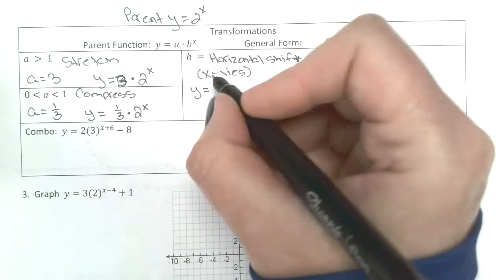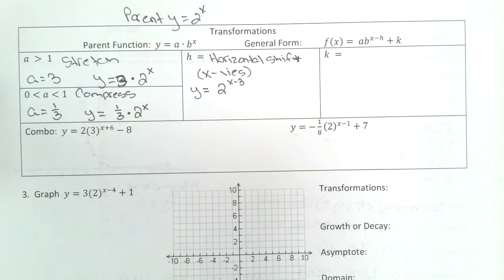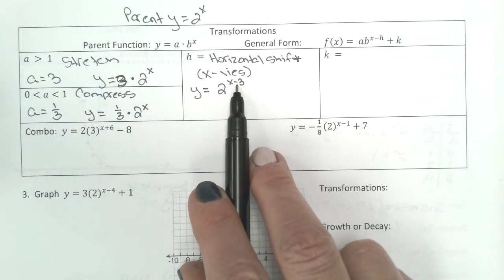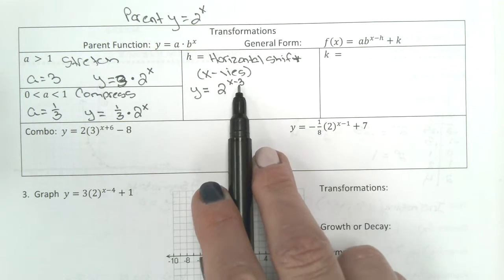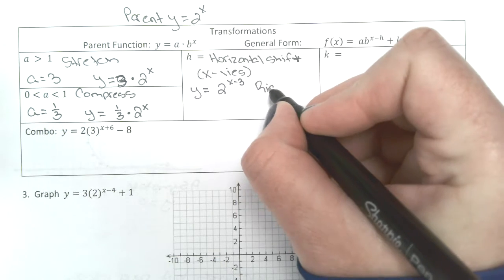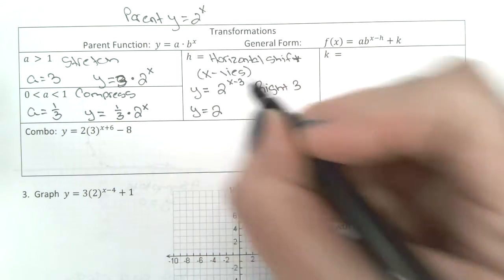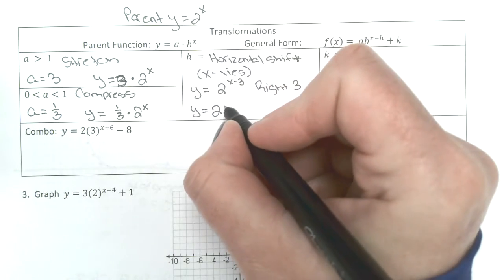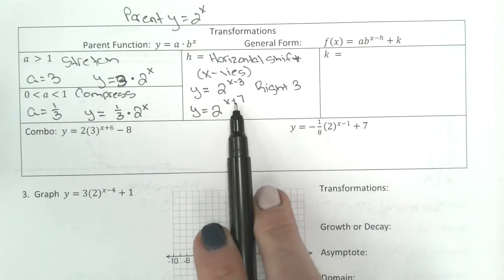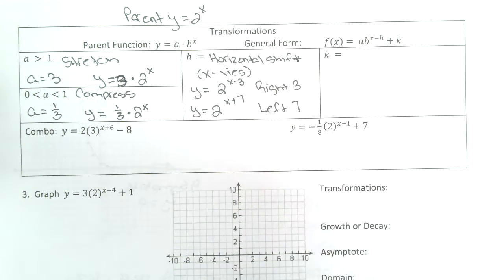If you have y equals 2 to the x minus 3, so remember, if it's hanging out with the x, it moves it left and right, and your x lies to you, this is actually going to go right 3. If you have y equals 2 to the x plus 7, your x lies to you, this actually moves left 7.